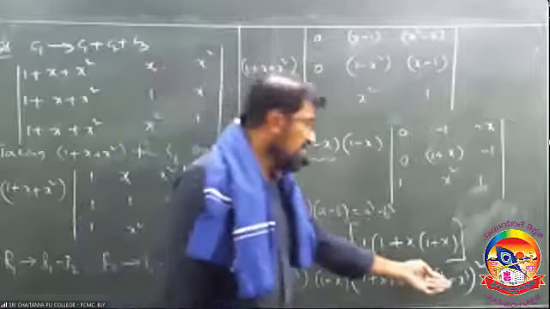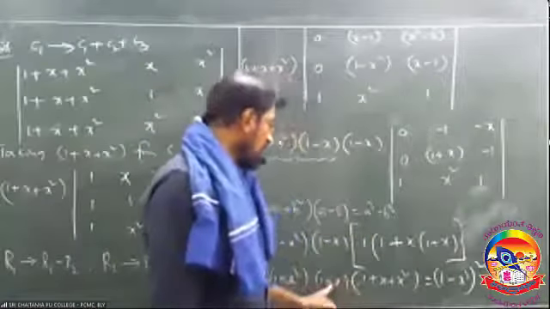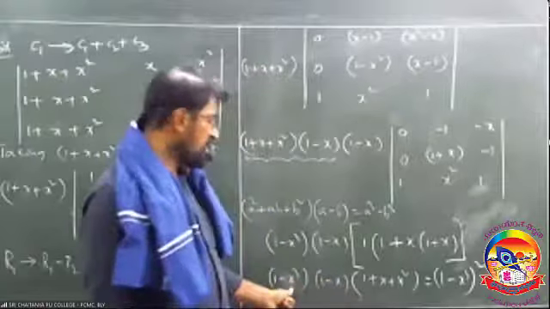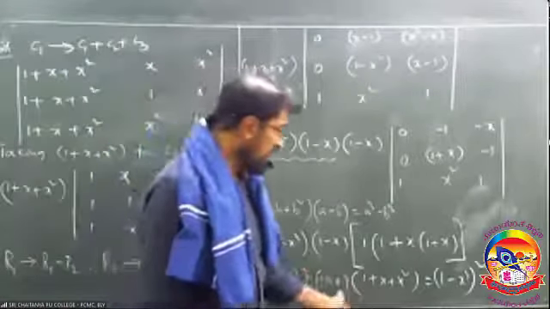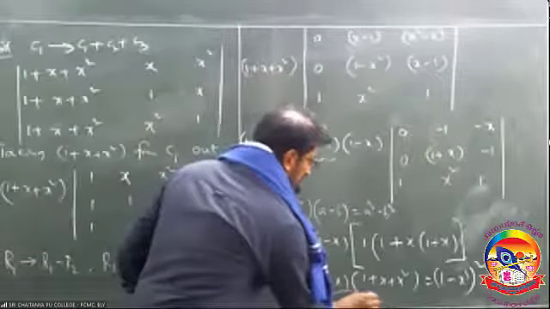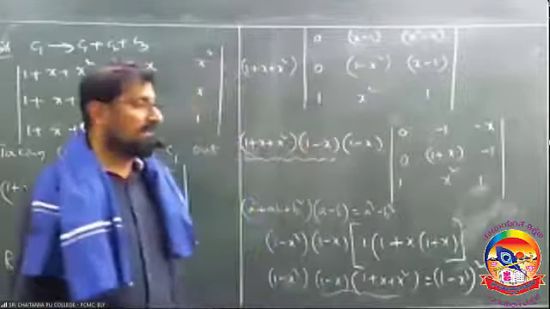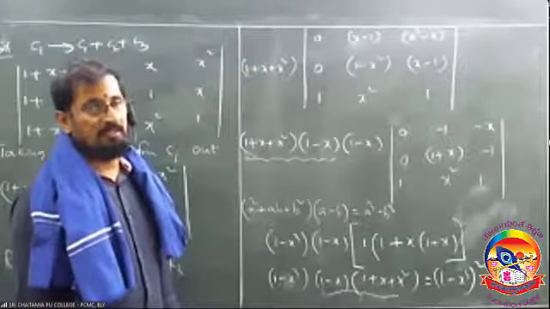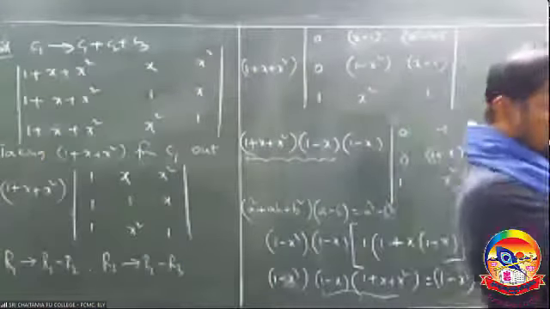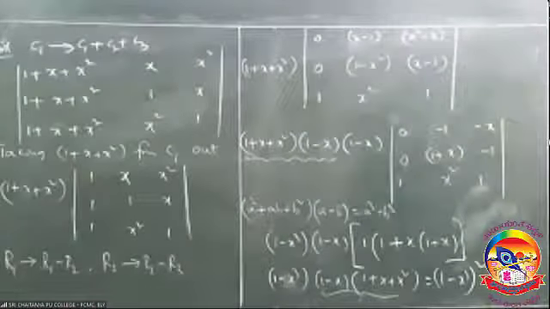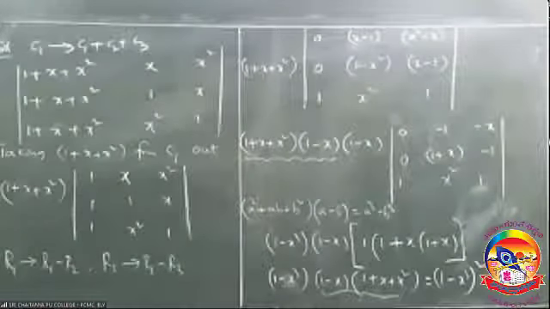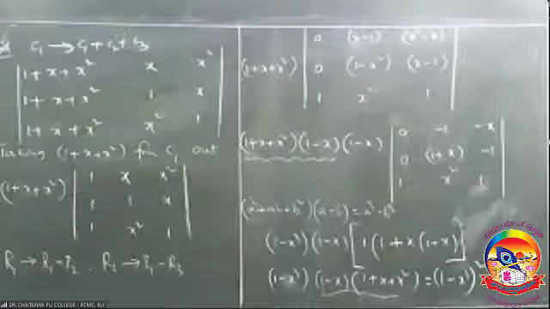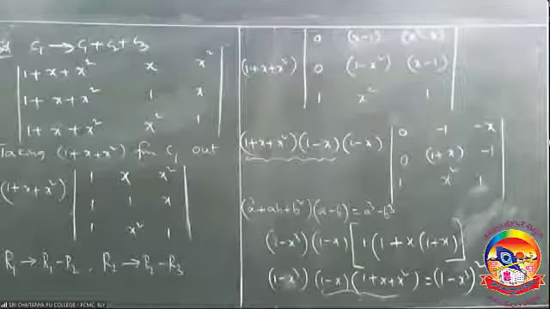So it becomes 1 minus x cube. Already 1 minus x cube is here. 1 minus x cube, it becomes total. This quantity becomes 1 minus x cube. So 1 minus x cube into 1 minus x cube is equal to 1 minus x cube whole square. What is the RHS value he has given you? He has given you 1 minus x cube whole square.